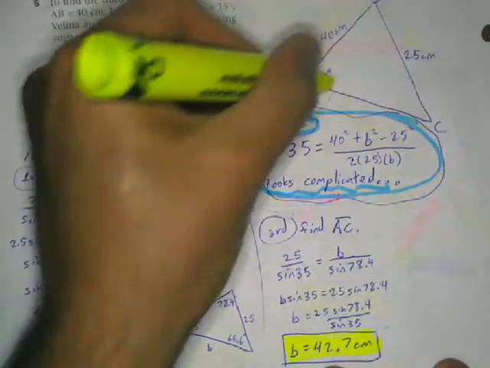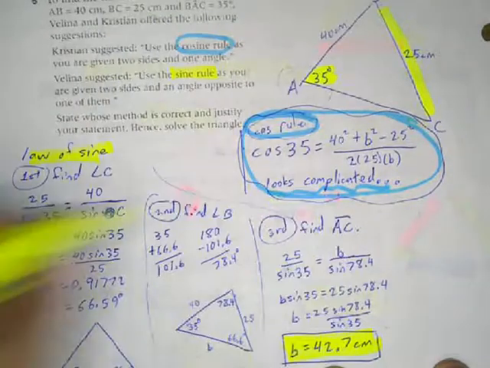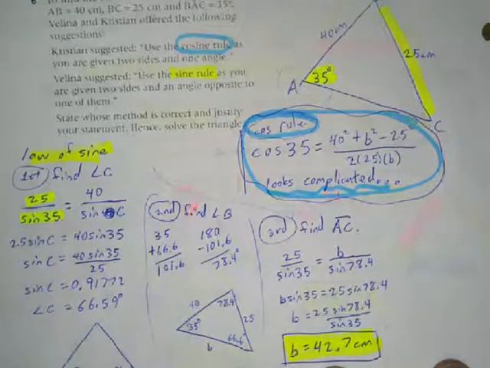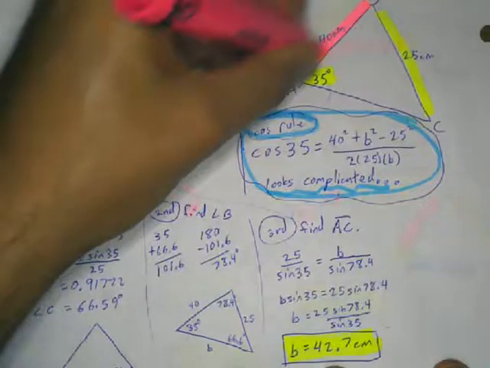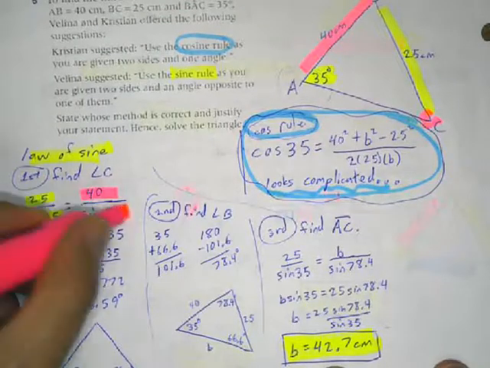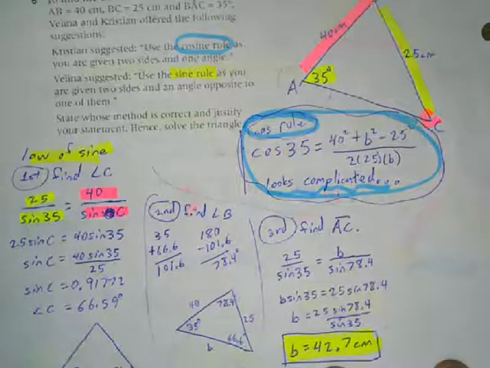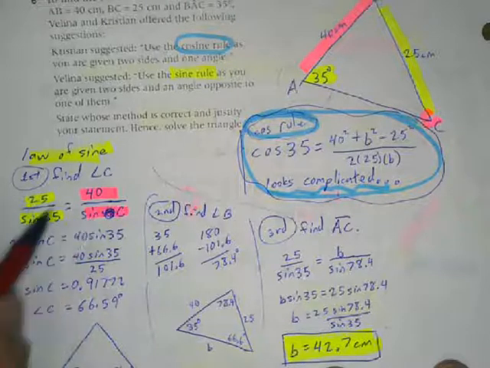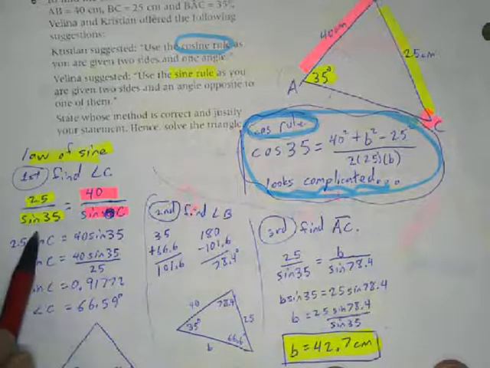Okay, we can write 25 over sine 35 using sine rule equals 40 over sine C. Then I can cross multiply, and I've got 25 times sine C equals 40 times sine 35.